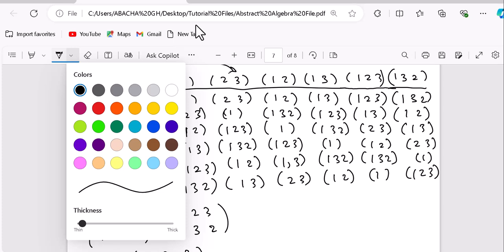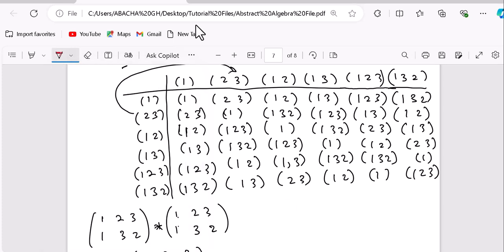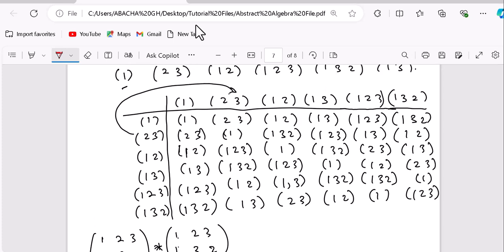I'm going to use a different pen. So if I operate (1 2 3) with the identity, I'm going to get (1 2 3). Now if I operate the identity with the same thing, I'm going to get (1 2 3). Good, so that works.